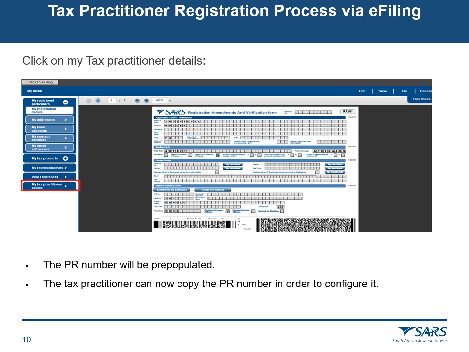You can now copy this PR number because you will need this PR number when you do the final step, which is the configuration. But bear in mind, you only repeat this step if you do not have a tax practitioner number. If you already have a tax practitioner number, you will do the configuration straight after step 1.